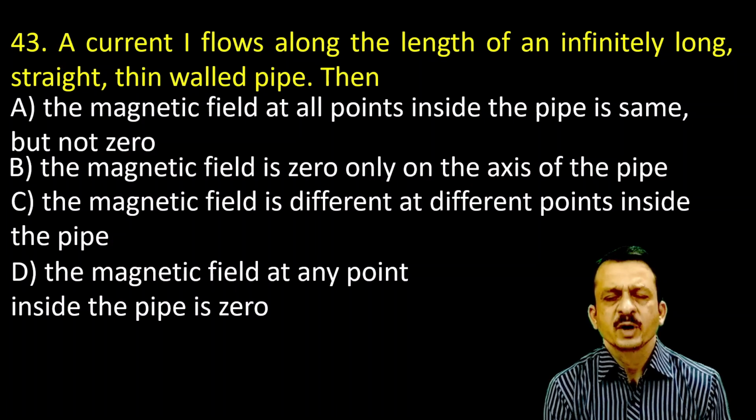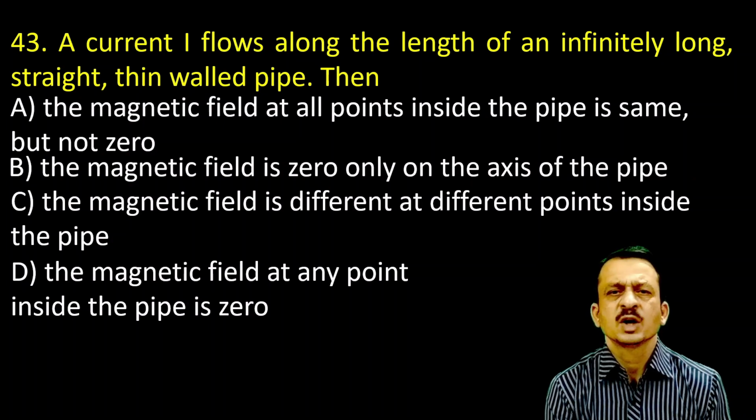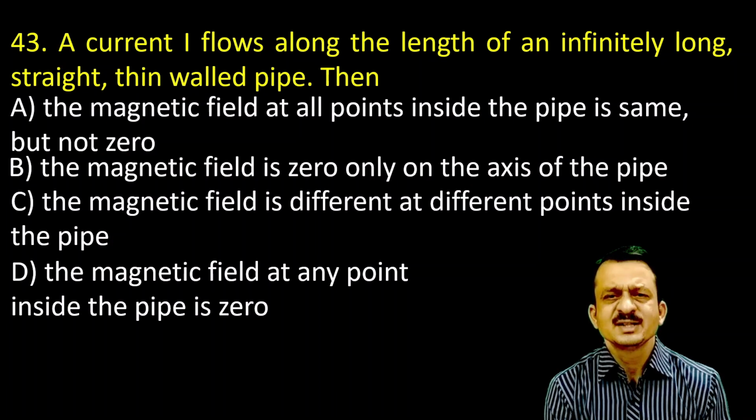Now we have a pipe. The current is flowing on the surface of the pipe. By using Ampere's circuit law, B into L is equal to mu0 into IE. What is IE? It is the current enclosed. If you take any point inside and draw an Amperian loop inside the pipe, it will not enclose any current.